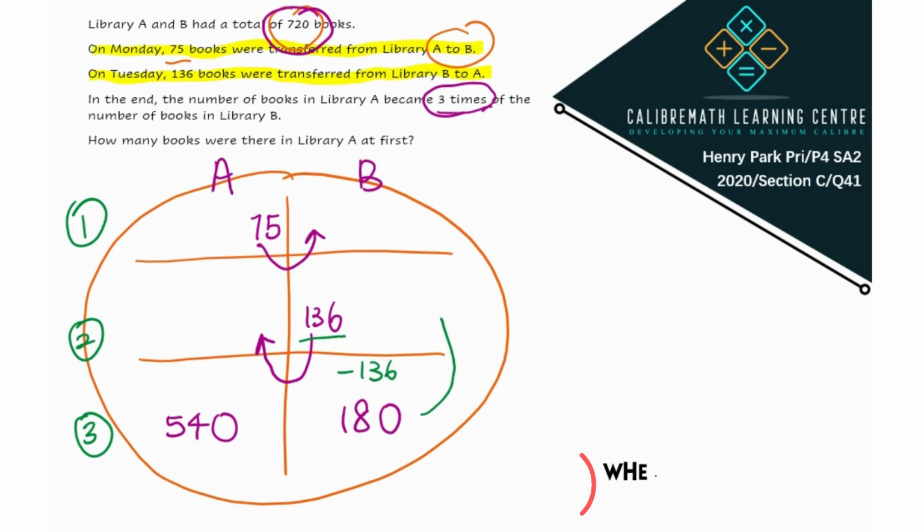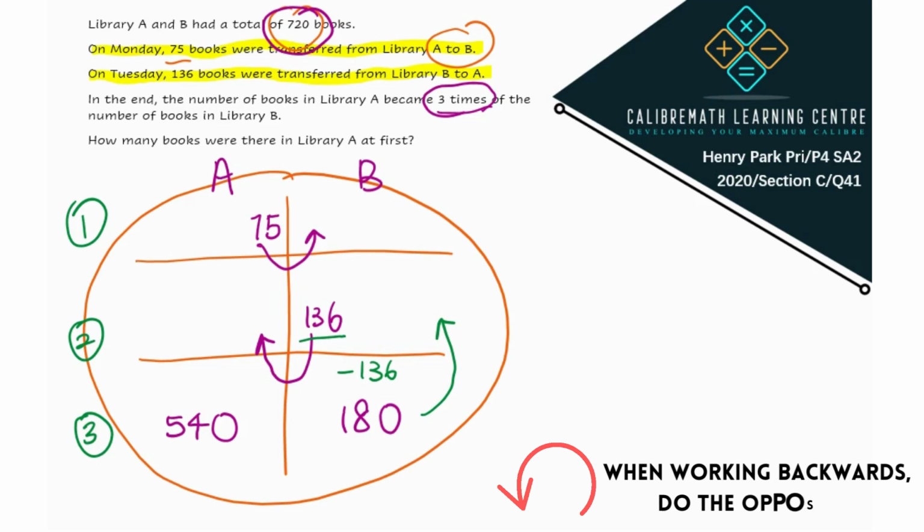So if we want to work backwards, we will need to add the 136 back to the 180. So we will use 180 plus 136, and that gives us 316. So 316 is the number of books that library B has before it transferred the 136 to A.